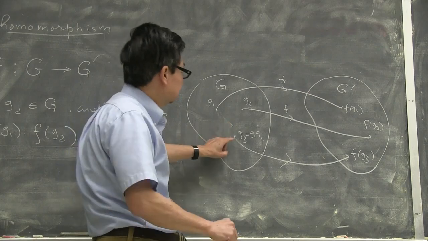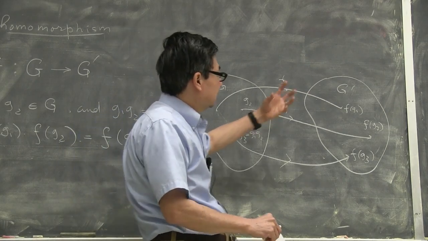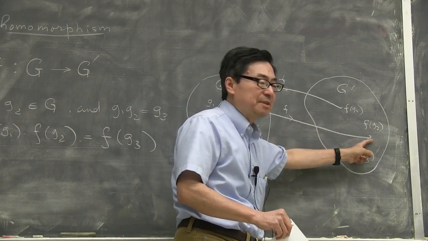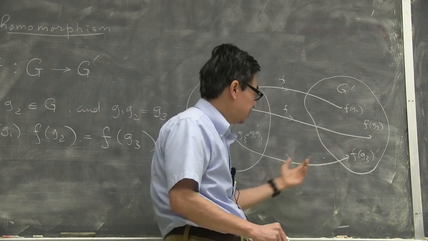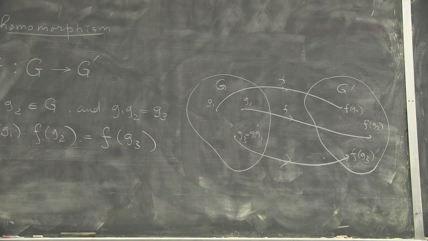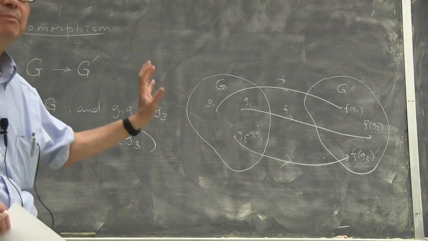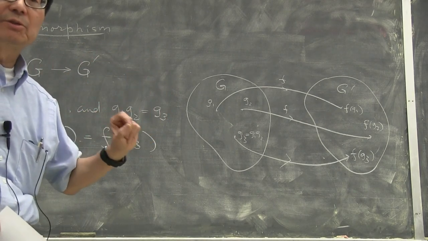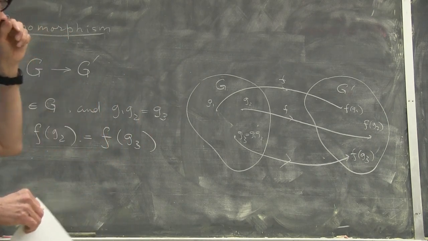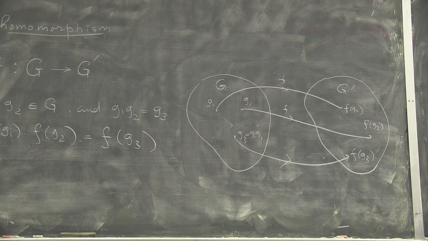If this times that gives that, then the mapped result of this times the mapped result of the second one gives the mapped result of the third one, and so on and so forth. Now, it is important to understand that the way I've drawn it, it's a one-to-one mapping, but it does not have to be so. You can have a many-to-one mapping. If this equation is true, then you have a group homomorphism.